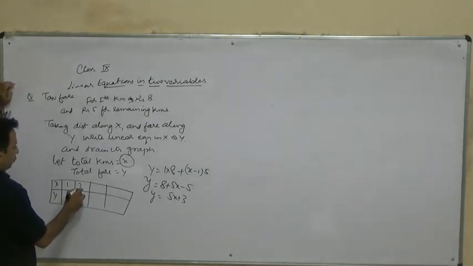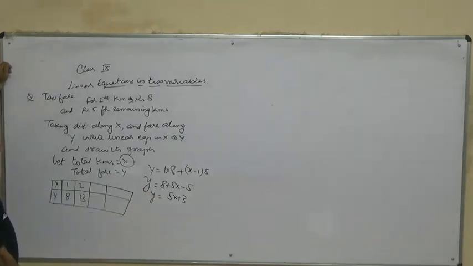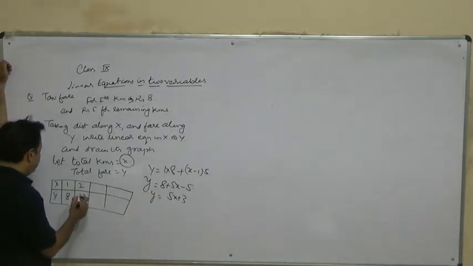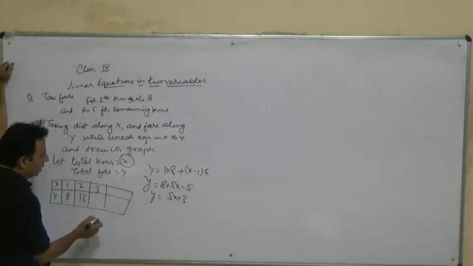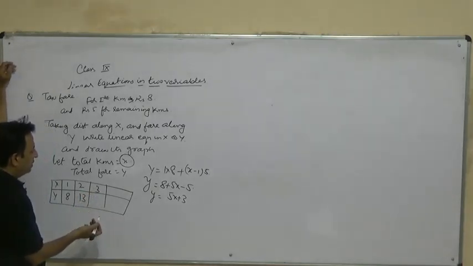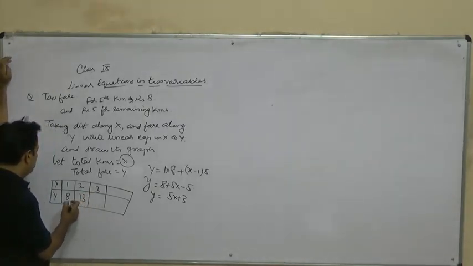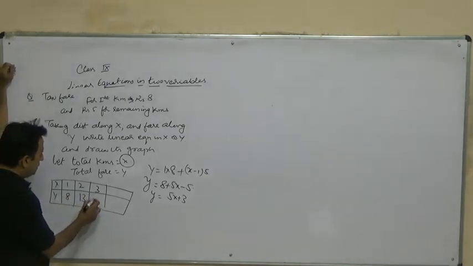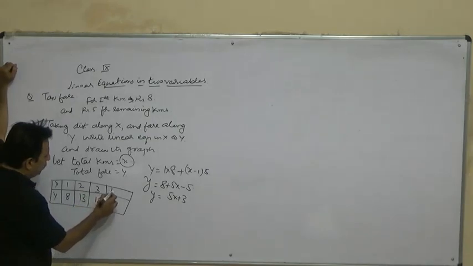When x is 2, y is 13. 5 2s are 10 and 3 is 13. When x is 3, this is 18 and for 4 it is 23.